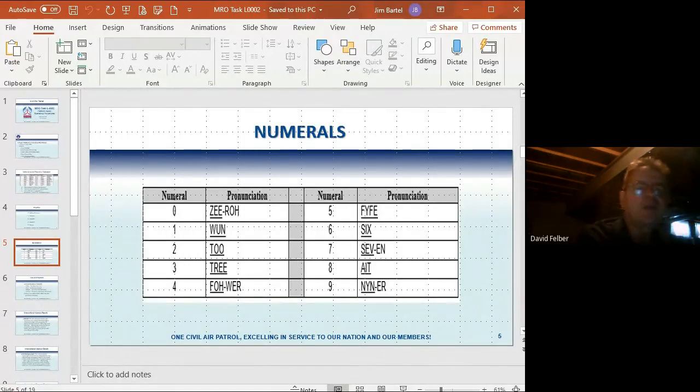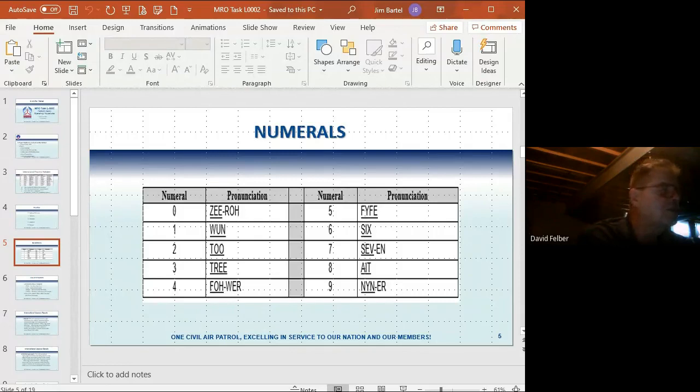This is another one. Looking at the license plates, use that to practice. This is another little cheat sheet you'll want to have in front of you. You might start making those cheat sheets up now so you'll have them available.